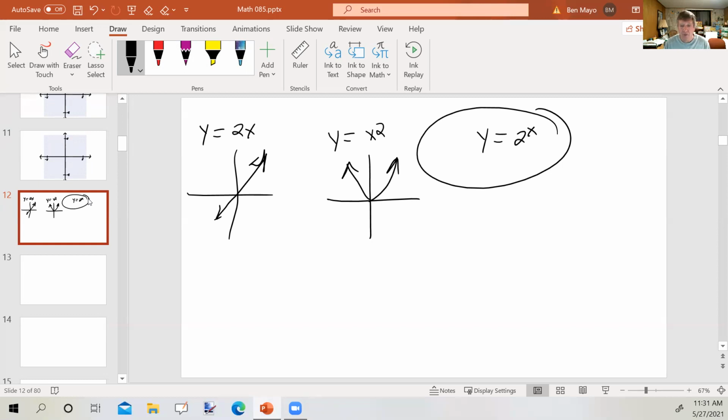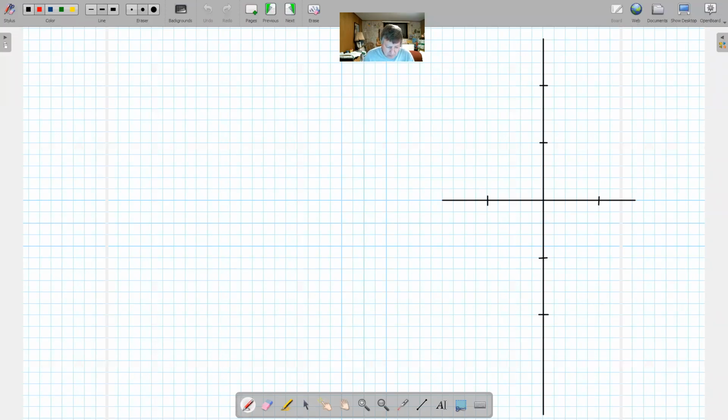And I'm going to pause the recording and switch screens, and we're going to look at some graphs of those things. So let's take a look at the equation y equals 2 to the x power. Actually, I'm going to change that.